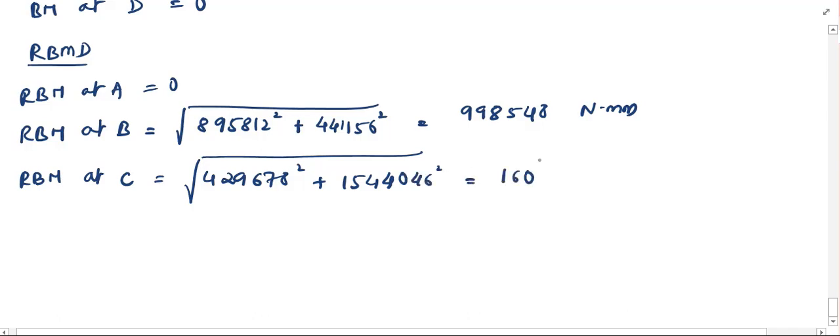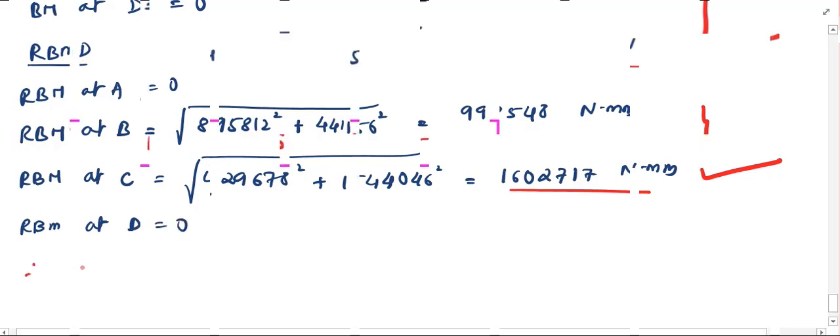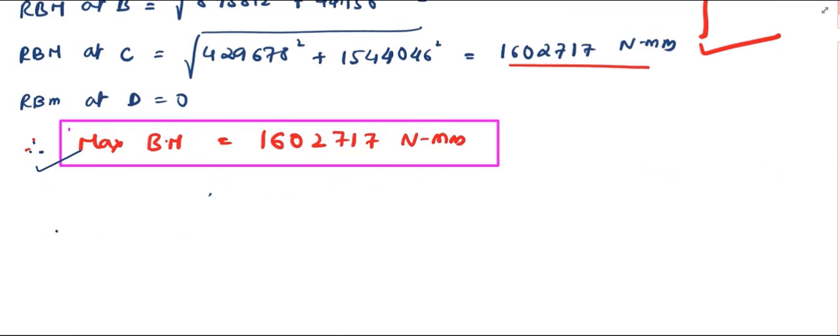So 1602717 Newton mm. Among these two values, this is the largest, so this will be our maximum bending moment. And finally, the resultant bending moment at D will be 0. So this is the maximum bending moment value.